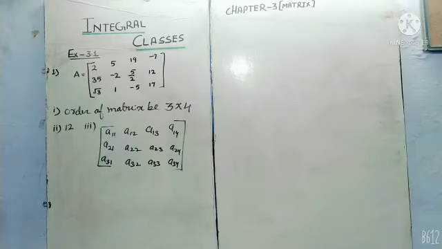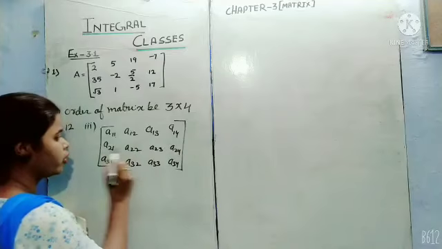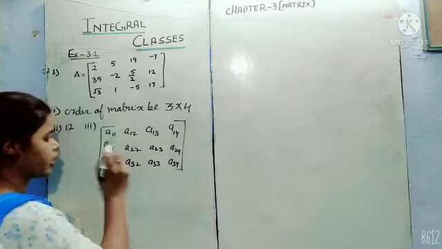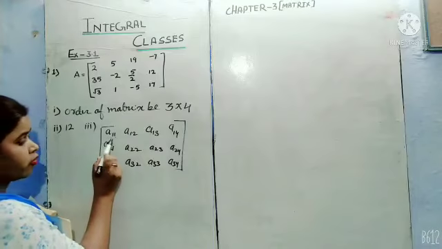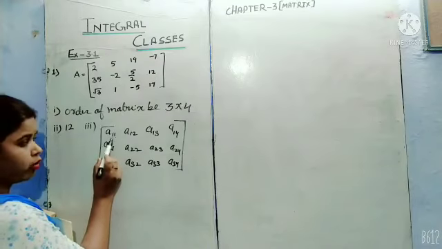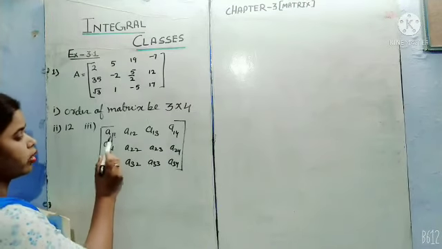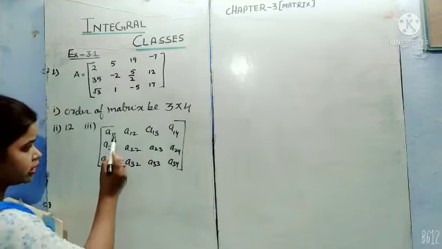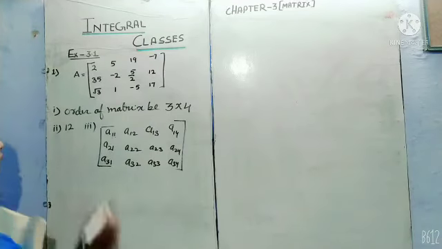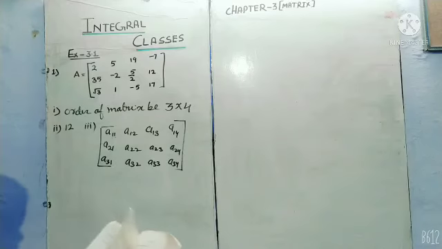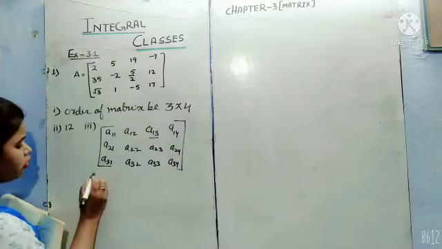Now student, as we know, how many rows here? 1, 2, 3 rows and columns 1, 2, 3, 4. First number denotes the row and second number denotes the column. Now we will write the value of A13.